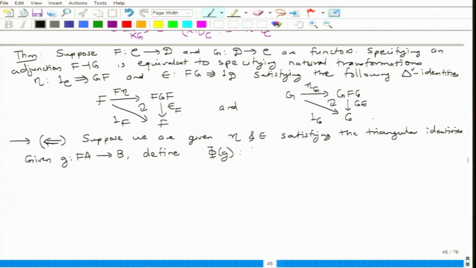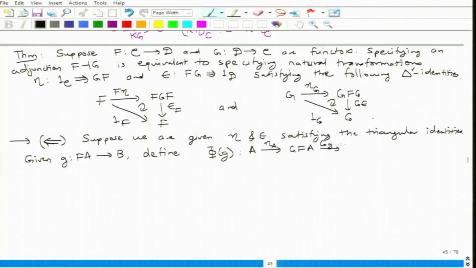The only way I can go from A to GB is first going from A to GFA via eta, the A-th component of the eta natural transformation, and from GFA now I have little g from FA to B. If I just take Gg, then I will go from GFA to GB. So I got phi g.